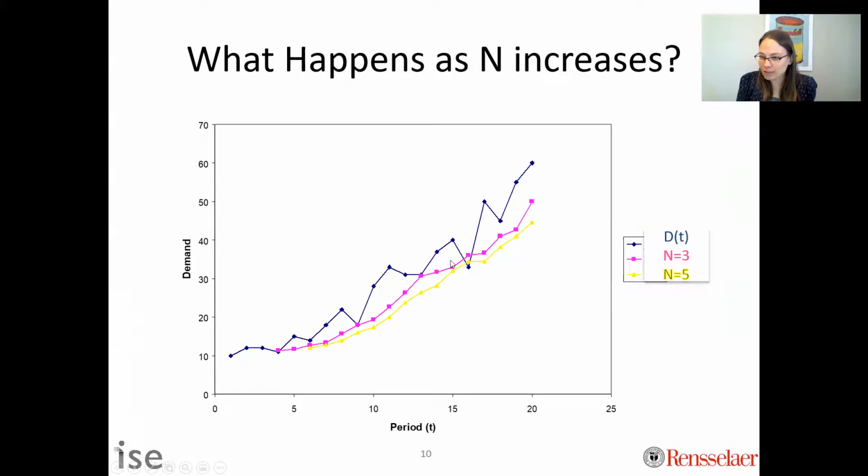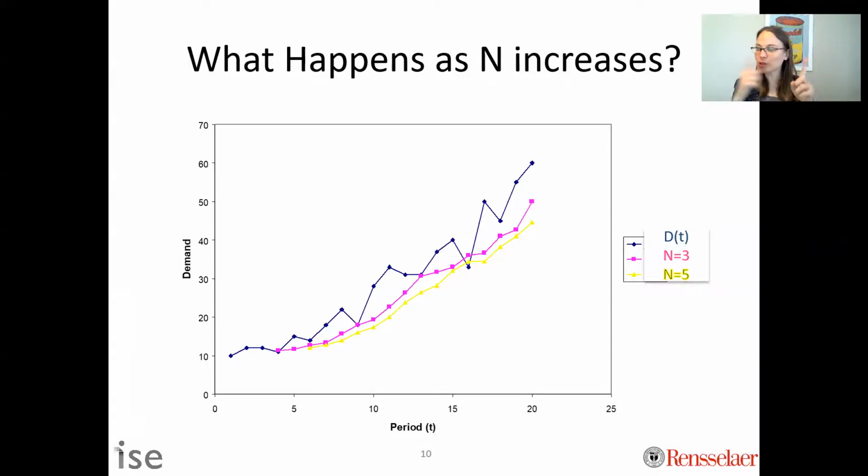With n of 3 for this data, if I use the moving average, you get the pink line. And if I do n of 5, you get the yellow line. So look at this graph and ask, what's the difference between the pink line and the yellow line? One thing you can say is that the yellow line is smoother. It doesn't adjust to as much change. You can think about this mathematically.